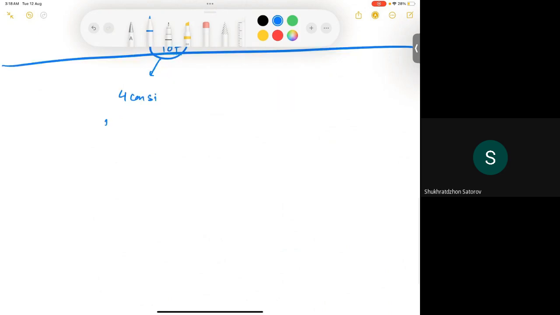The first one is overriding of the aorta. The second thing is pulmonary stenosis.